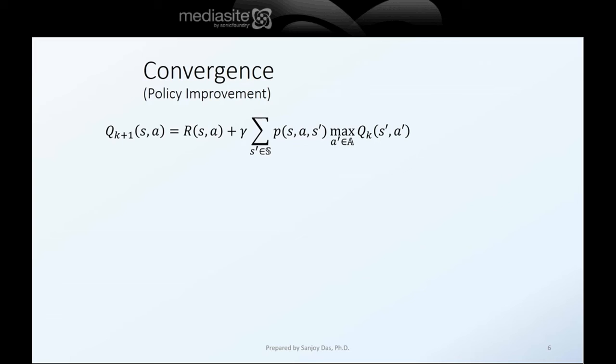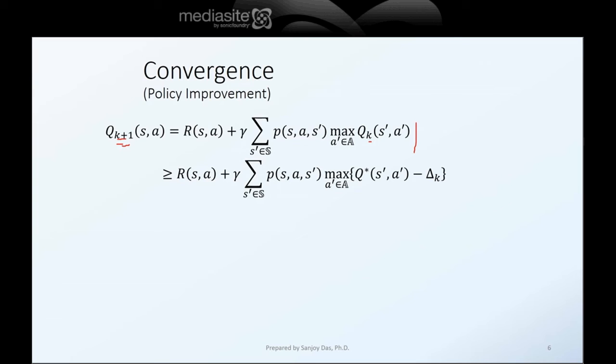And here I have placed subscripts K plus 1 because this is how we update in iteration K plus 1. So this K is for iteration K. This is for iteration K plus 1. And this is the update rule within state action value iteration or Q iteration.